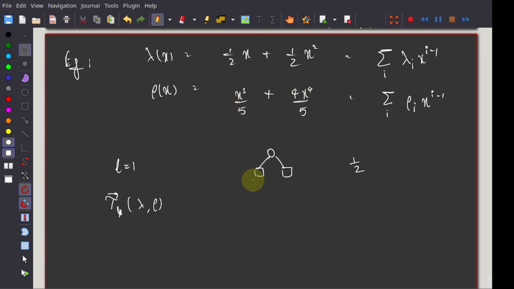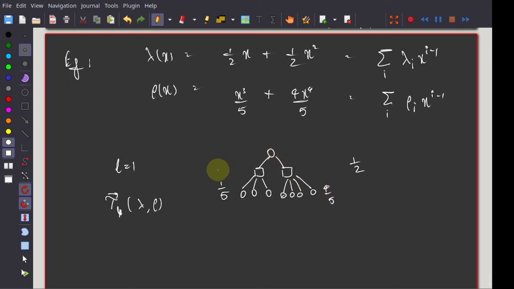Maybe I choose 3. So then I associate 3 neighbors. This is with probability 1 by 5. Or I choose 4 neighbors. This happens with probability 4 by 5.